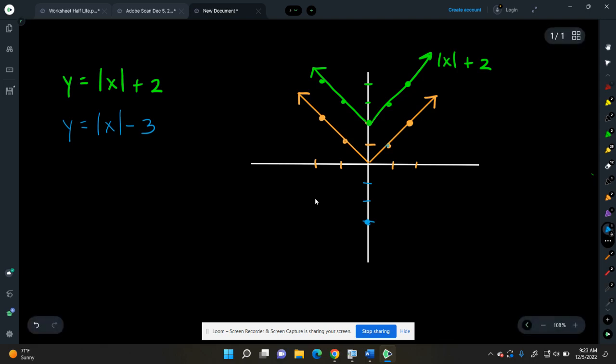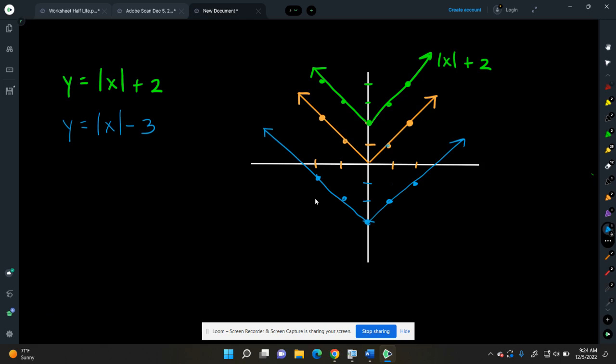So this point moves down 1, 2, 3. 1, 2, 3. Okay? Every point moves down 3. They're pretty easy, right? Okay.